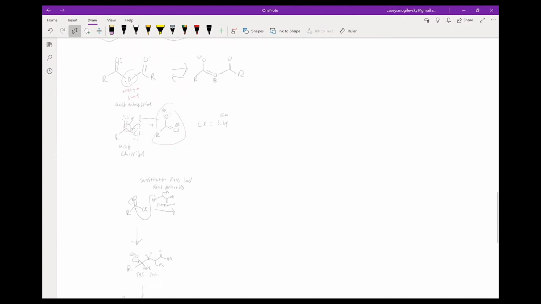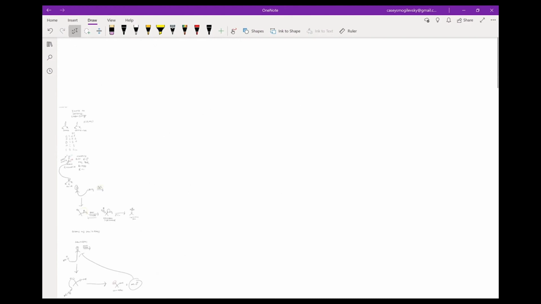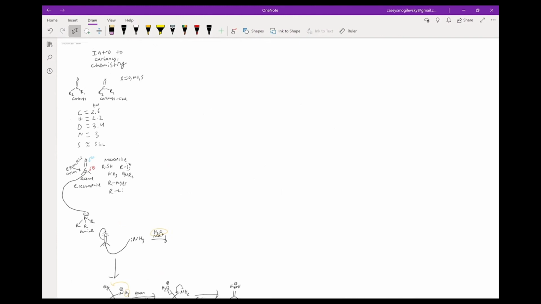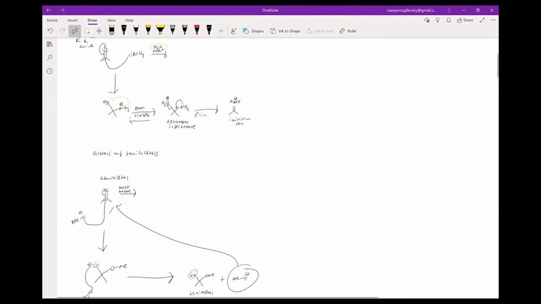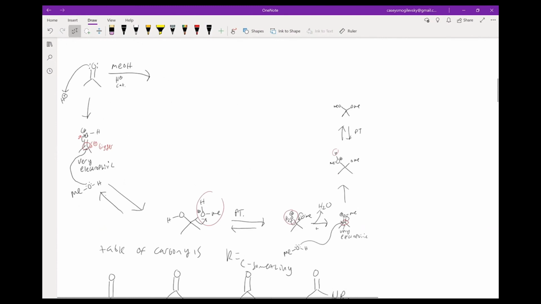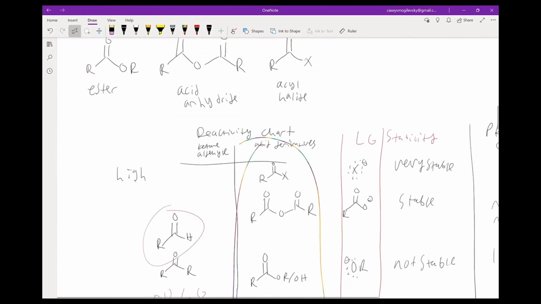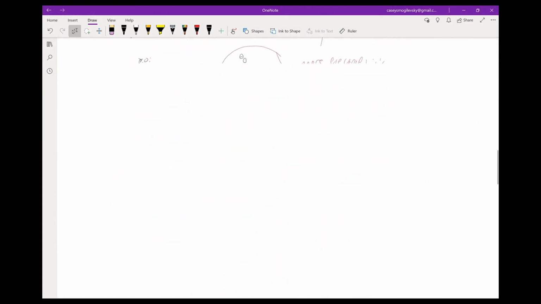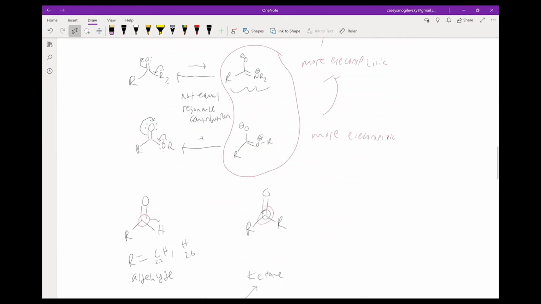But yeah, so overall, to summarize what we covered today. We talked about carbonyls, why they react like this, and the electrophilic nature of the carbonyl carbon. We talked about some common reactions that occur, and some acid derivatives, how their resonance stability helps stabilize or destabilize them to give them different reactivities.